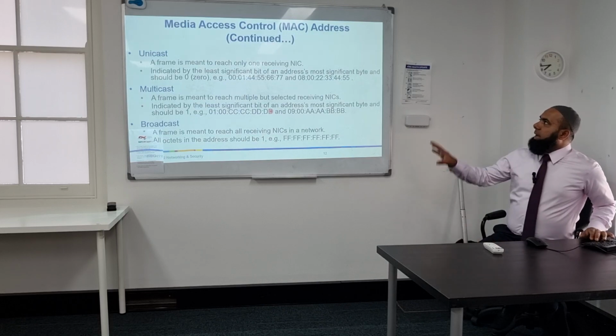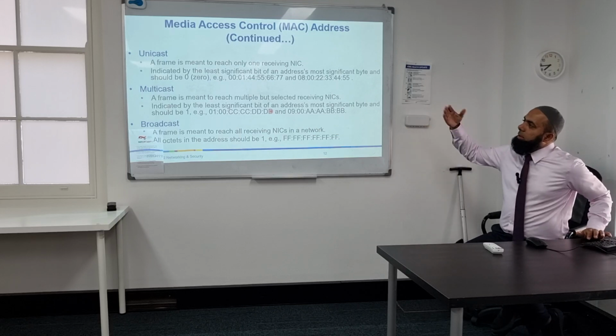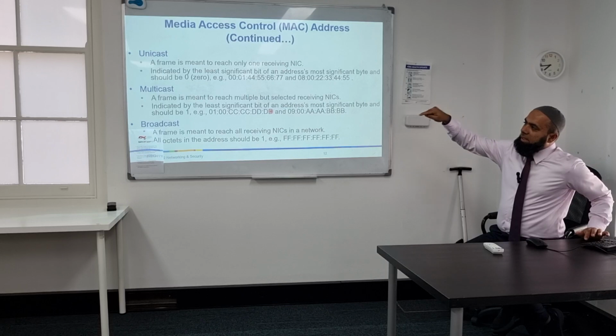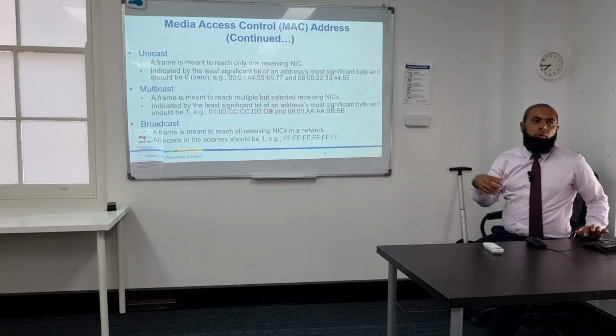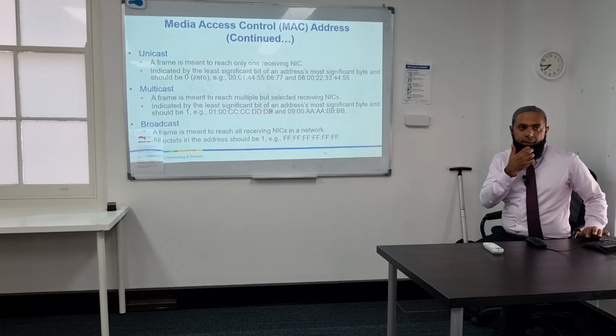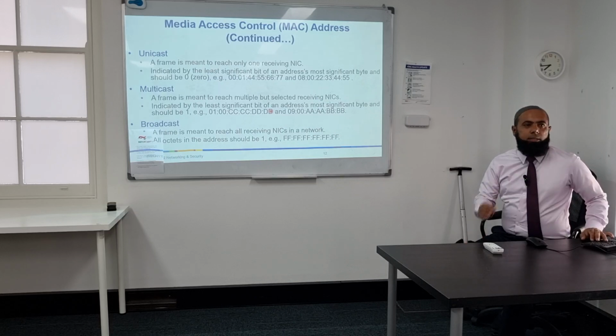Now coming to how MAC addresses actually look, you can see three different definitions: unicast, multicast, broadcast. From the word, it is clear what unicast means: a single card, just one time.